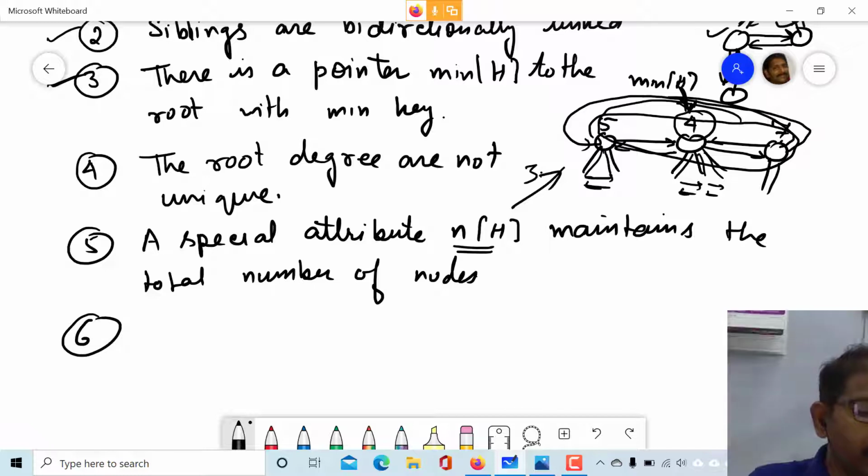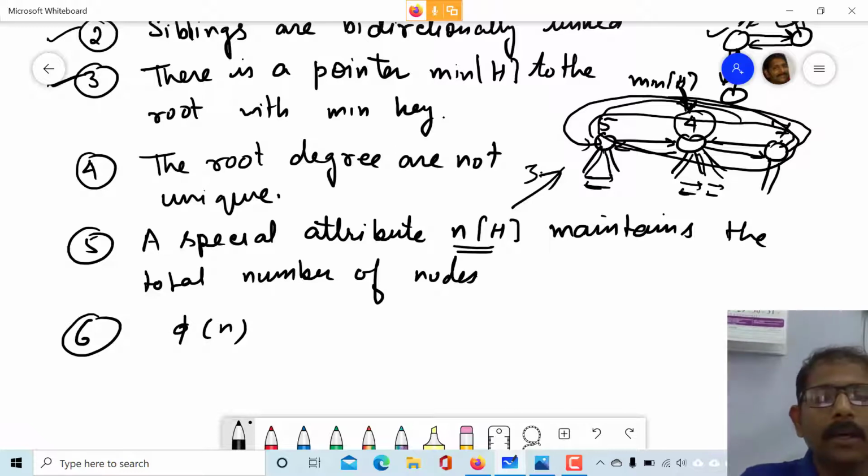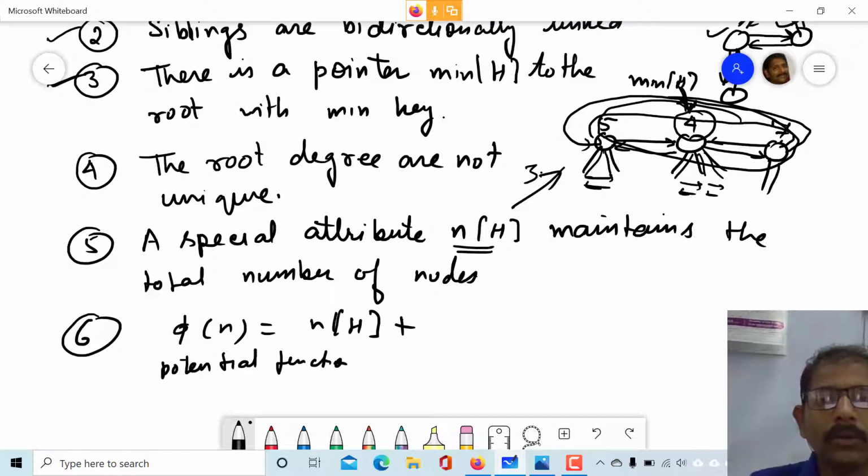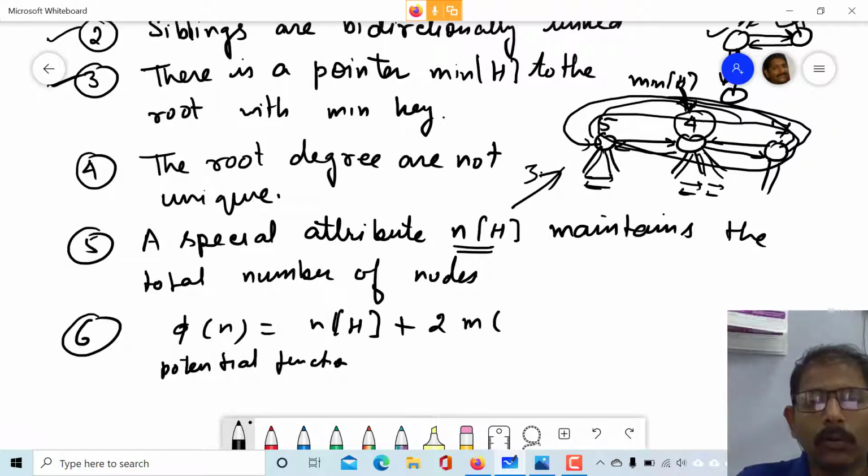The last point: each node has an additional Boolean label, mark, indicating whether it has lost a child since the last time it was made a child of another node. There is a concept of phi n, called the potential function, and its value is equal to NH plus 2 times MH, the missing nodes.